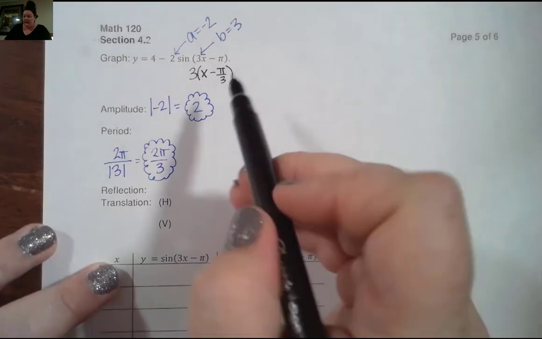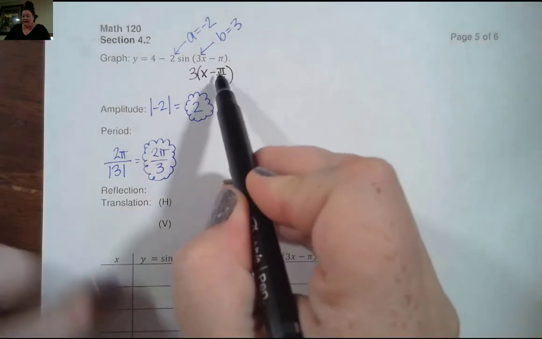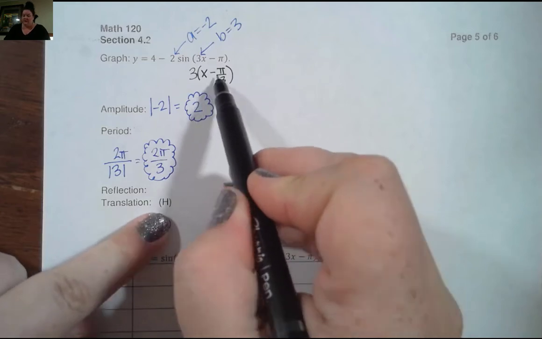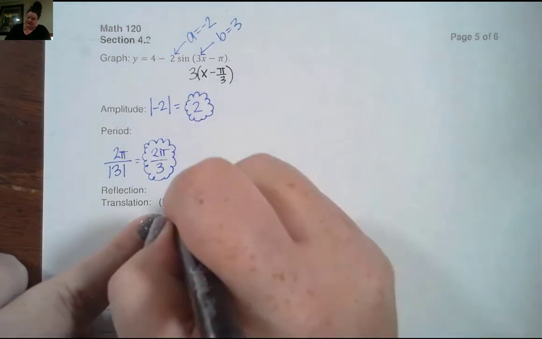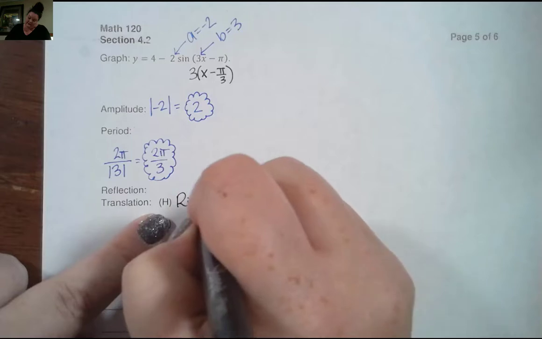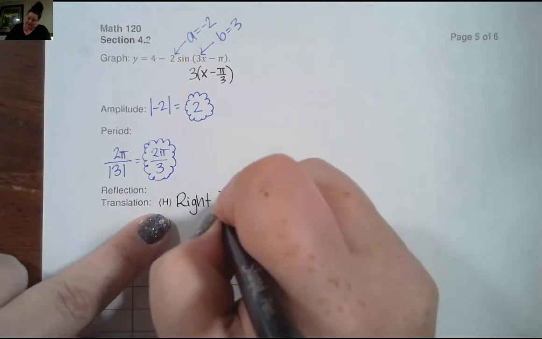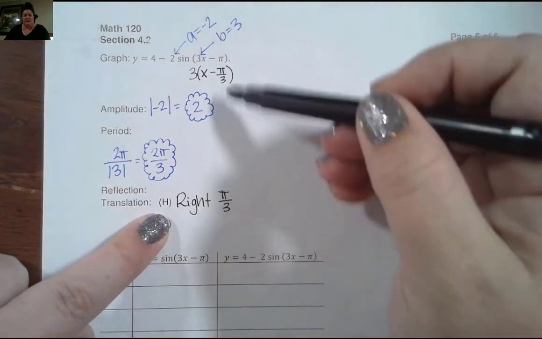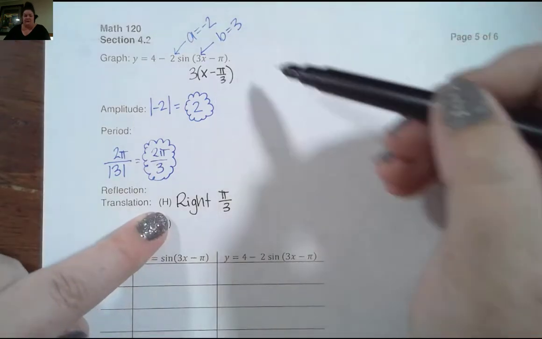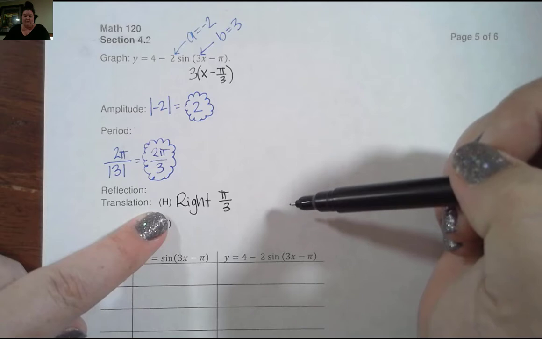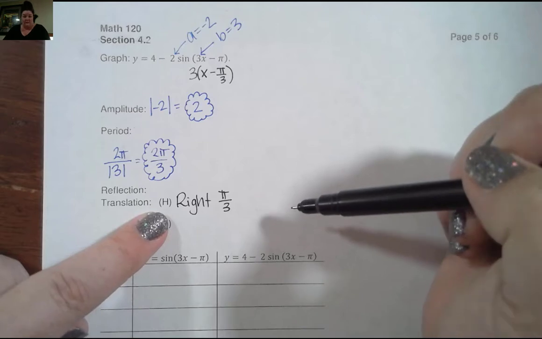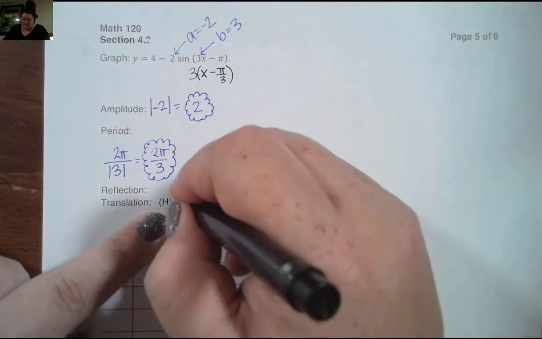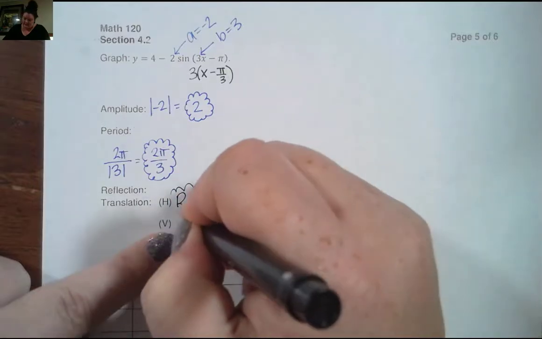Okay, so now I can see that I do in fact have a phase shift or a horizontal translation. Because it's a subtraction, that actually tells me it's going to go to the right pi over 3. Again, if you have a hard time coming up with this from looking at the equation, you can wait until it's graphed, and you'll be able to see, instead of starting at 0, 0, that we're starting at pi over 3. Okay, so there's that bit.